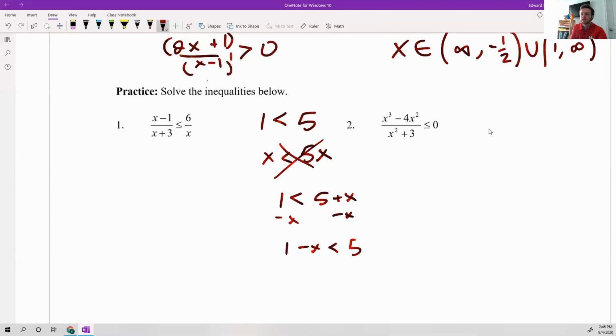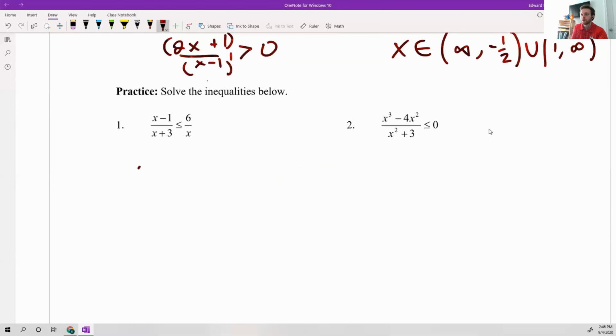So I'm allowed to subtract and add variables, but I cannot multiply by variables in an inequality. I'm going to erase some of this because I want the space. Let's subtract: x minus 1 over x plus 3 minus 6 over x is less than or equal to 0.